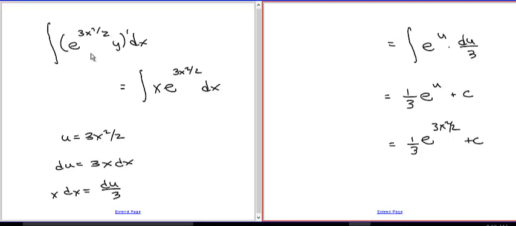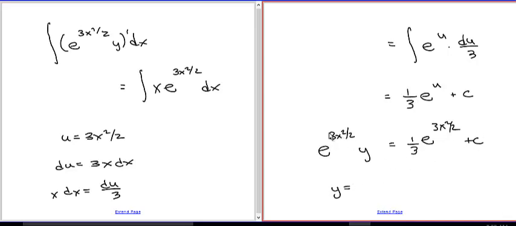On the left-hand side, the integral of e to the 3x squared over 2 times y would just be y prime, this whole thing prime dx would just be that expression in the integral in the parentheses. And then you can see I could solve for y.